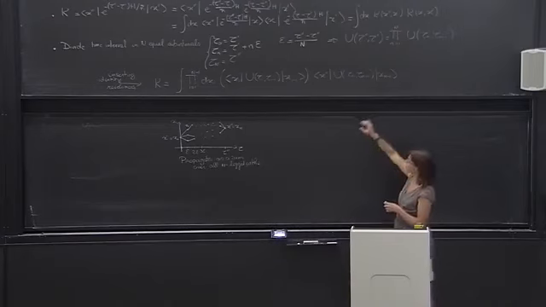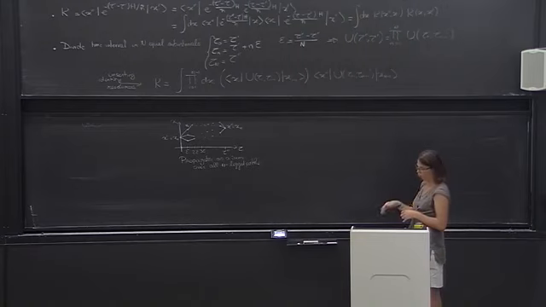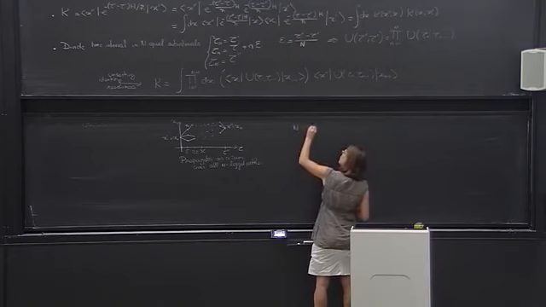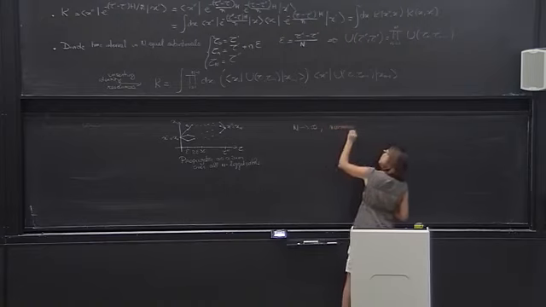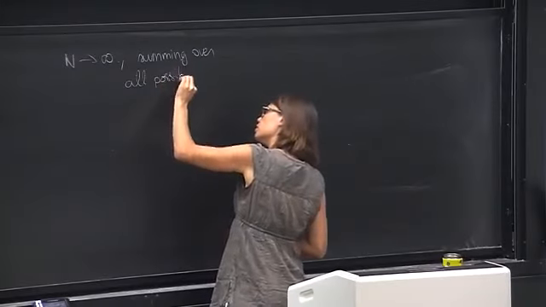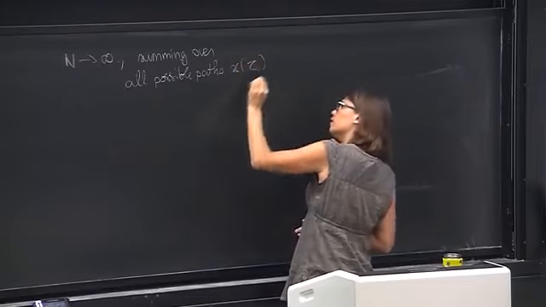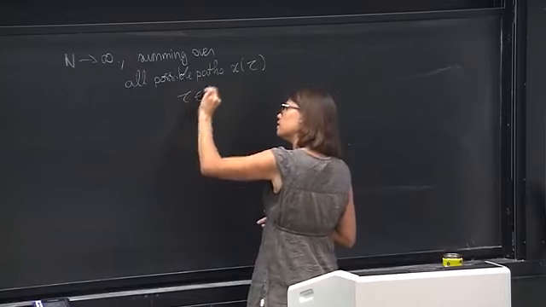So when the number of taus is going to become infinite, this means that we can interpret this as summing over all possible paths, where we consider a path x of tau, where tau now takes any value between tau prime and tau double prime.